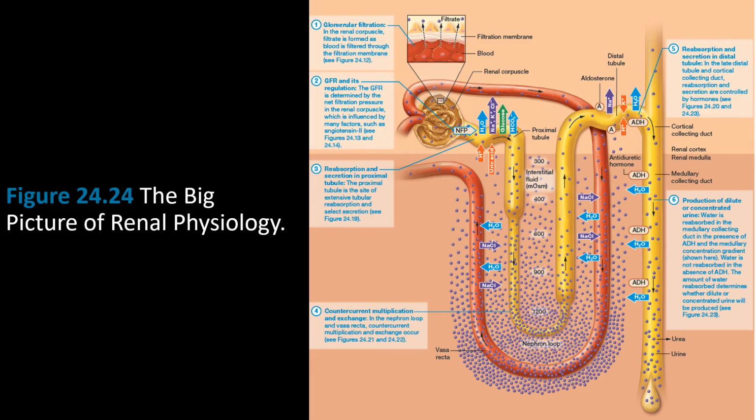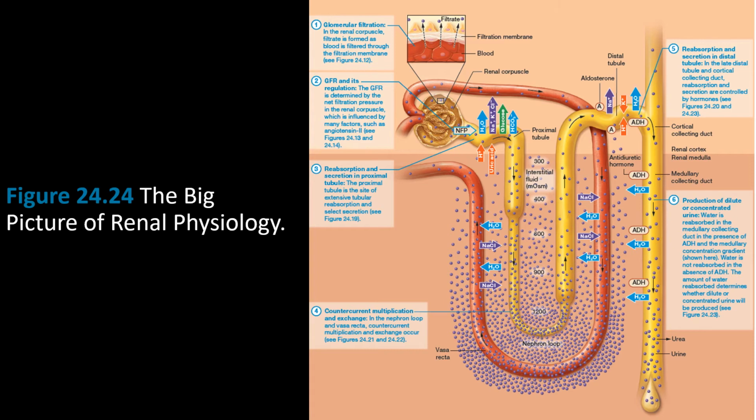This one photo is an entire section in your book, okay? I want you to really look at this book because it breaks the entire physiology of this nephron into 6 basic steps. I've already talked about these, but I'll go over them briefly. First, you have glomerular filtration, and then you have what regulates the glomerular filtration rate, right?